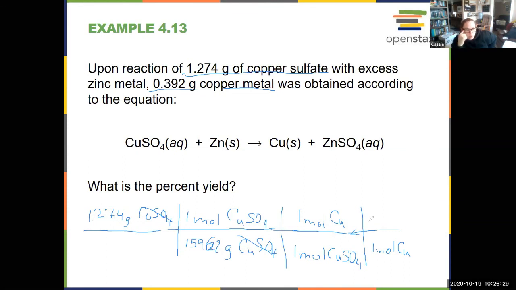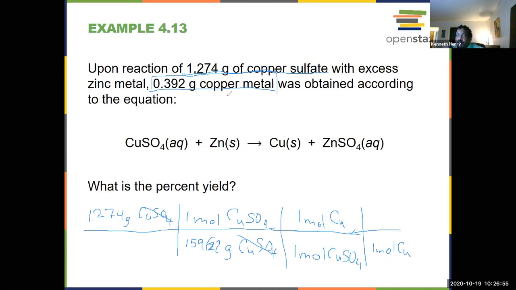Copper, you do what you were given. So the 0.392 grams. But okay, we have moles of copper here, right? So don't we need mass of copper to compare the mass? Because this is the mass that we're given, right? So we want percent yield. Percent yield is actual over theoretical, right?